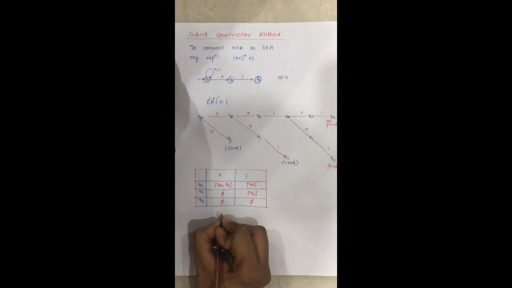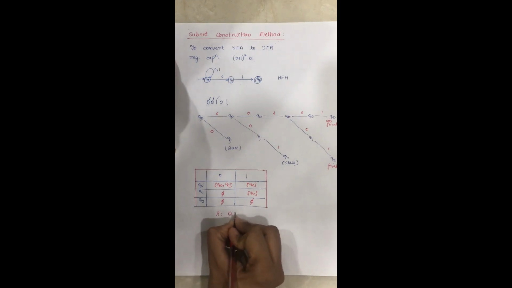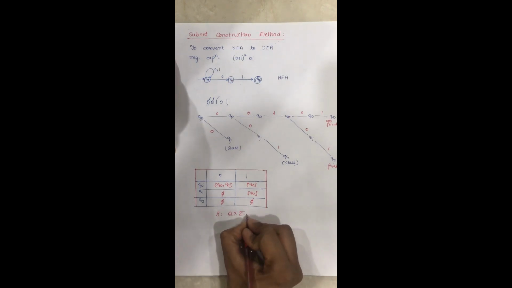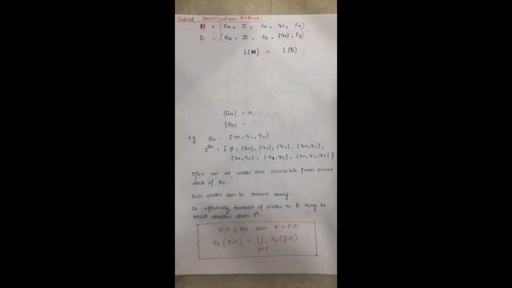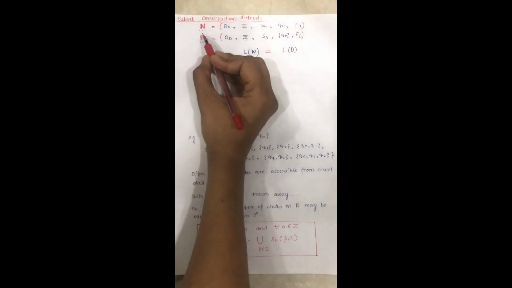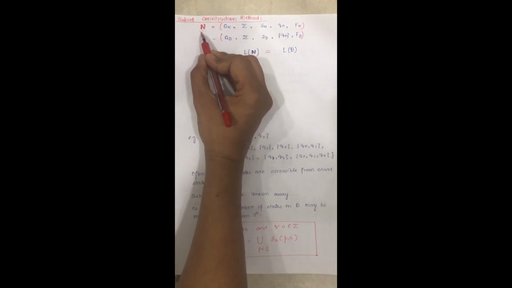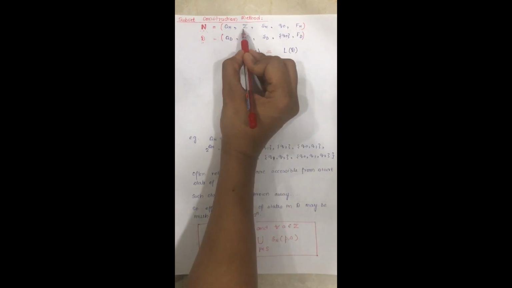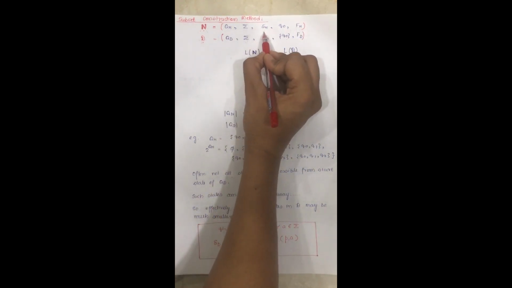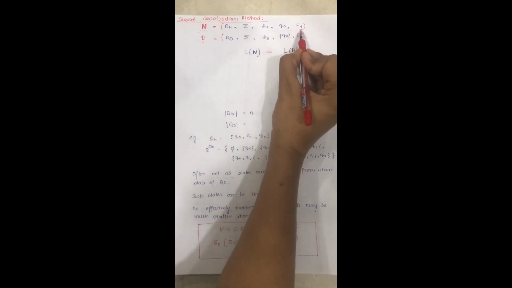This table is showing the transition function and the mapping is Q × Σ to 2^Q. This we have already discussed in our previous lecture. Now suppose we have a non-deterministic finite automata defined over 5 tuples: Qn, Σ, δn, q0 and Fn.